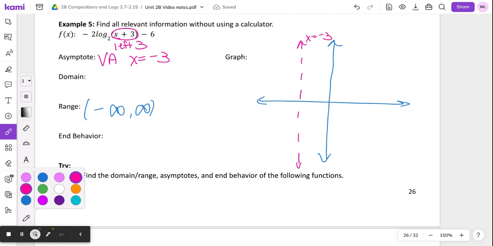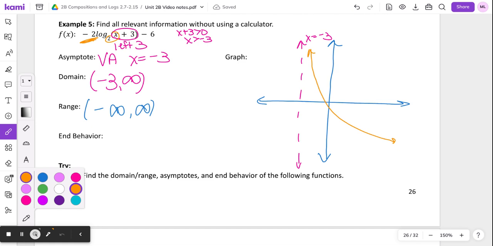And our domain would be anything greater than -3, because that would be taking the x plus 3, setting it greater than 0, and solving. Now, since it was a base 2, that means it would be an increasing function, but then we have the reflection over the x-axis, so it's actually going to be a decreasing function.